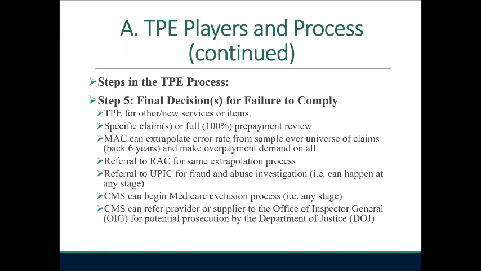So if you have some significant issues in your results letter, you're more likely to end up being referred to a UPIC. Now, important to understand that a UPIC, for suspicion of potential abusive or fraudulent claims, can be referred at any stage. It doesn't have to happen at the end.